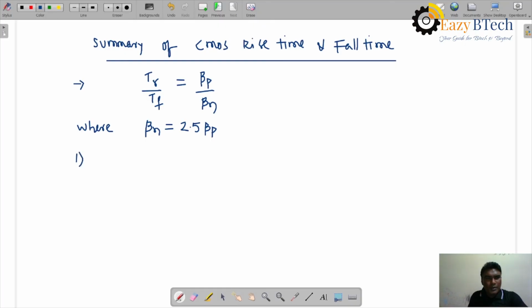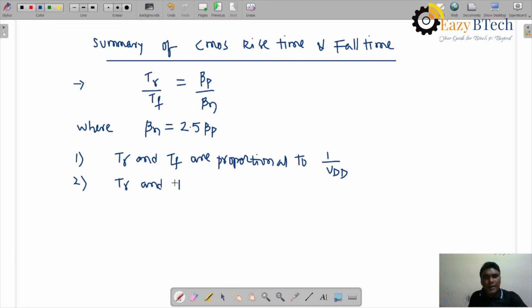So here we can estimate the rise time TR. TR and TF are proportional to 1 by VDD, right? Proportional to 1 by VDD. And second, TR and TF are proportional to CL.